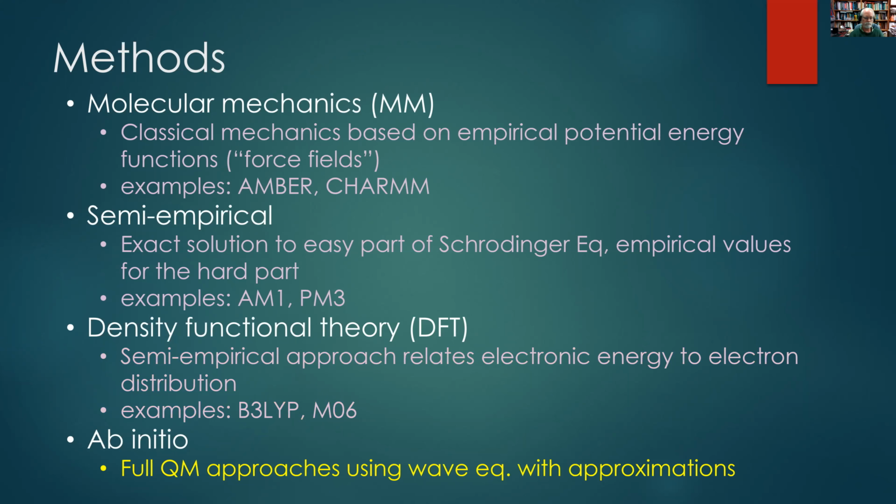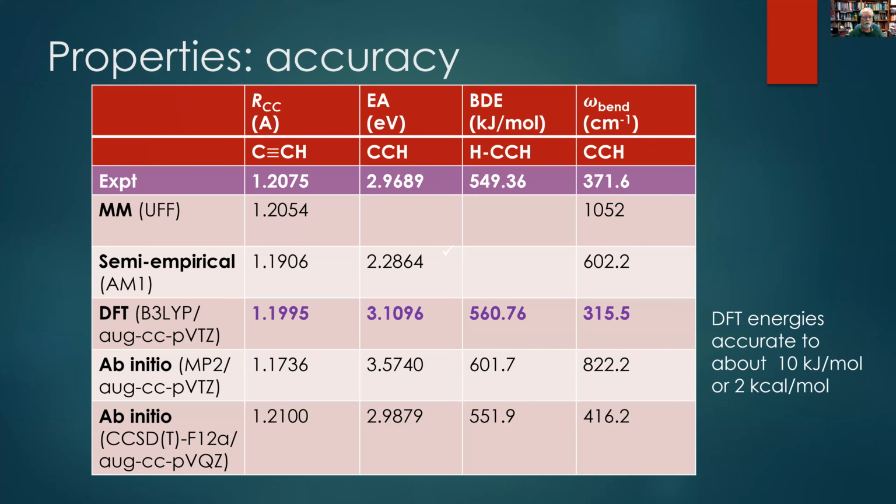And then for some of the other cases that we're interested in, we do ab initio calculations, which try to solve the real quantum mechanical problem within the limits of certain approximations. Just to give you a rough idea how these stack up against each other, here in the middle, I've shown just a few sample parameters calculated using DFT methods, more or less the way that we would normally run them. You can see for bond length, we get a pretty good number. This is the electron affinity for a negative ion going from CCH to CCH minus.